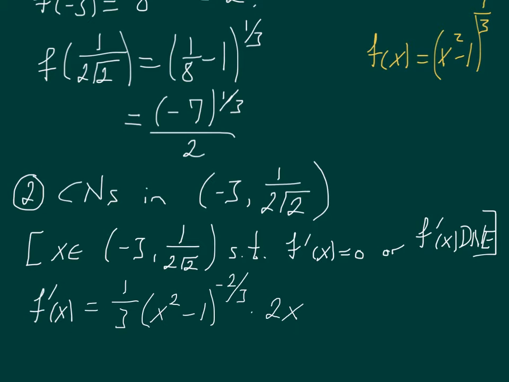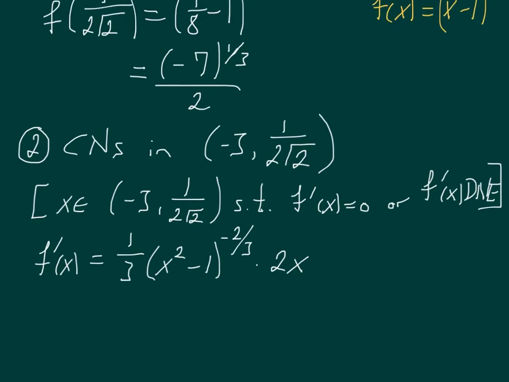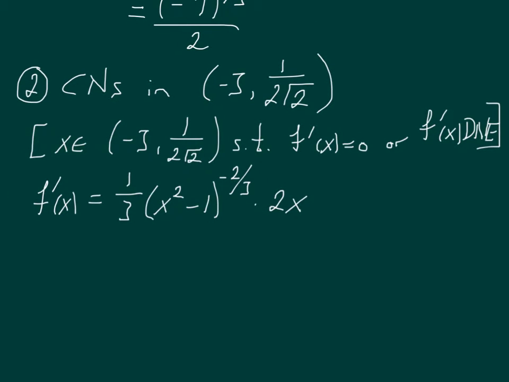Okay, so we need to find where this f prime of x is either 0 or where it doesn't exist. So let's simplify it a bit. We'll rewrite it as a fraction: 2x over 3 times (x squared minus 1) to the 2/3.